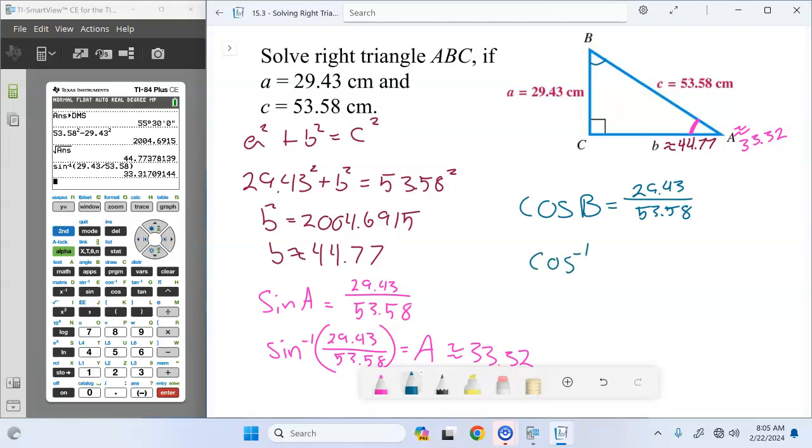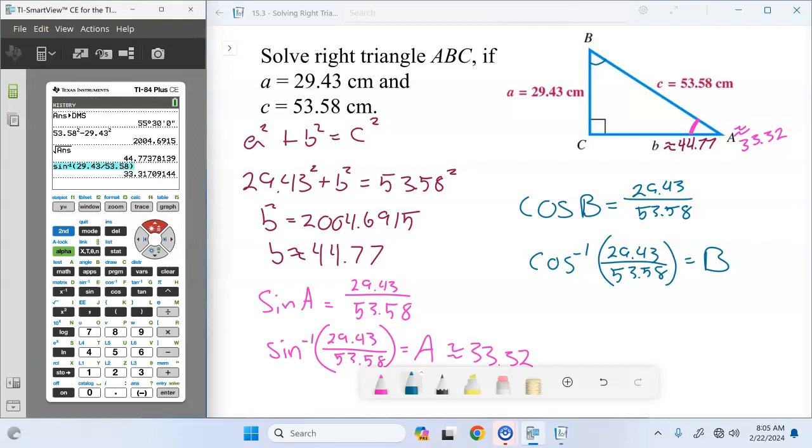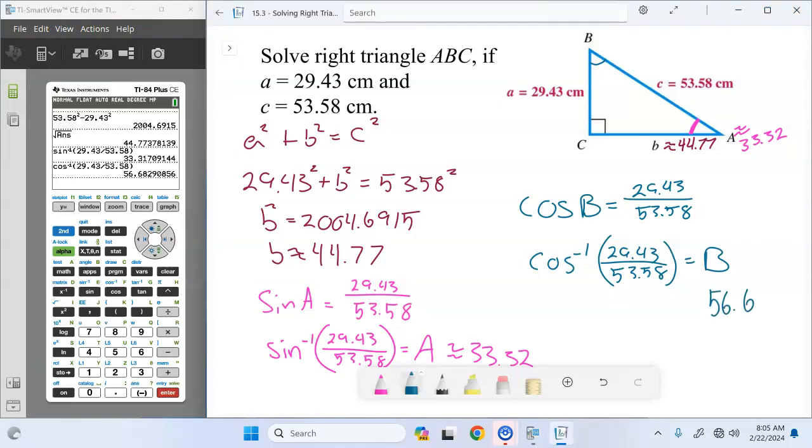So the inverse cosine of the ratio. And because we've done this, we can do some copy-paste. The ratio hasn't changed. I can copy what I did before and just change inverse sine into inverse cosine. And that'll allow me to get my angle measure of approximately 56.68. And now we've got all three sides and all three angles.